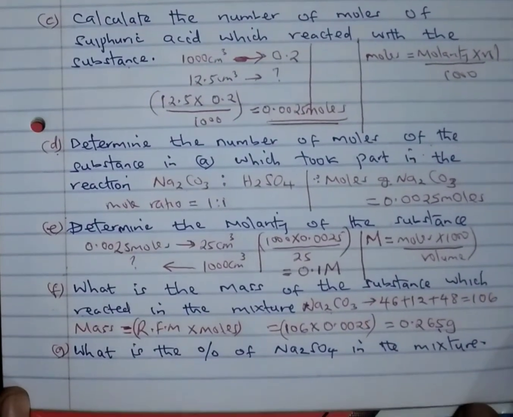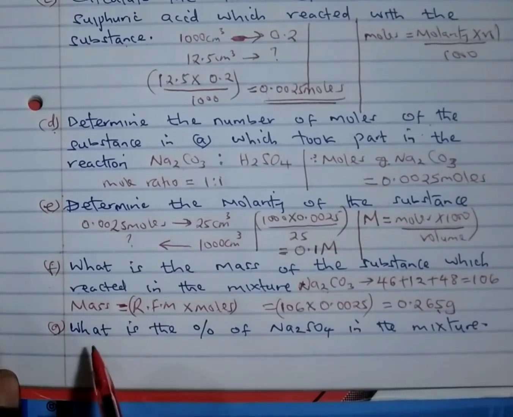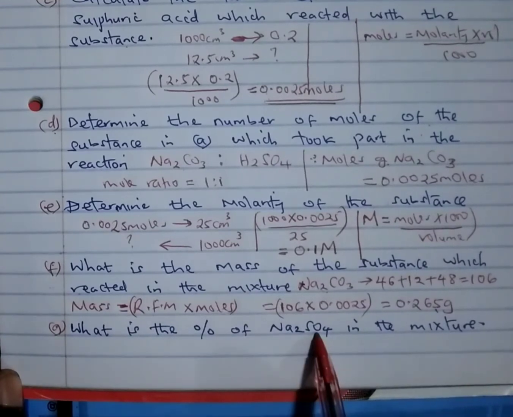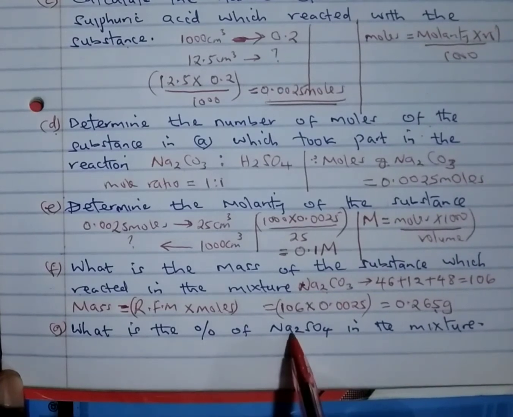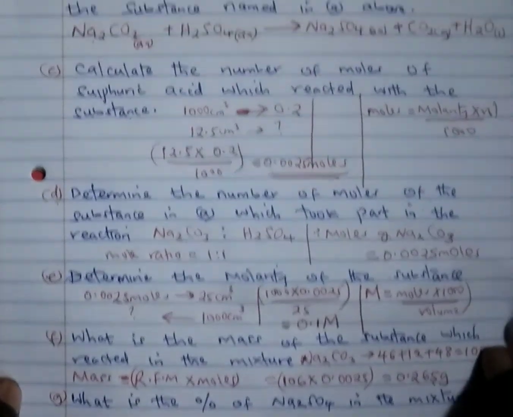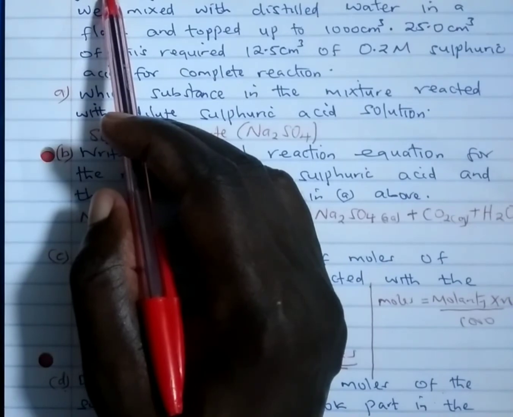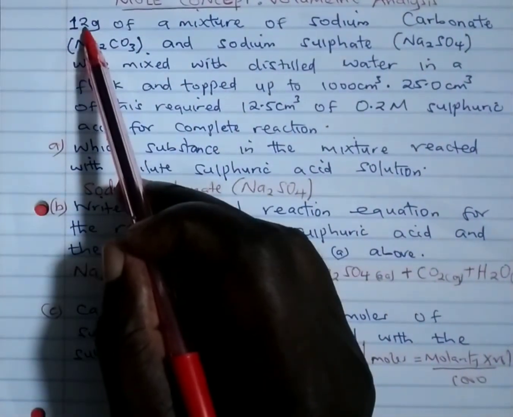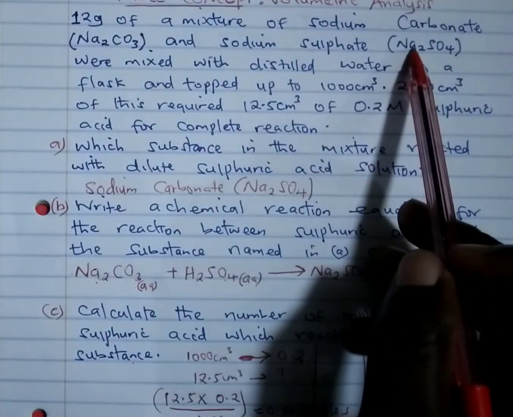The last part of this question is G. What is the percentage of sodium sulfate in the mixture? Remember, sodium sulfate never reacted with sulfuric acid. And the total mass of the mixture from the question is 12 grams. So 12 grams is the mass of sodium carbonate together with sodium sulfate.